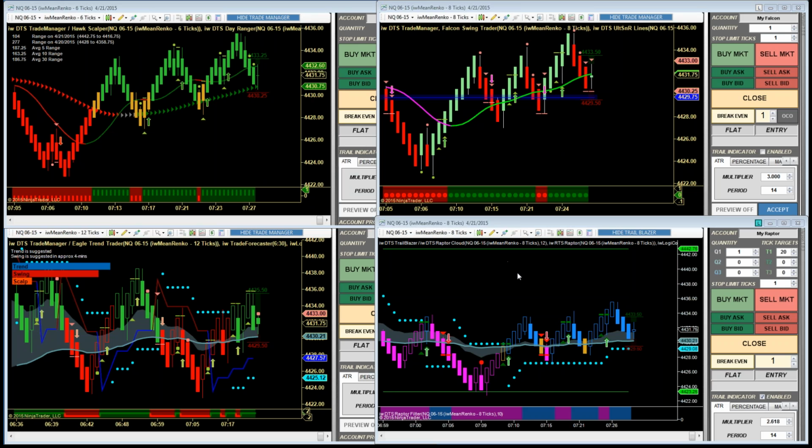Jim's watching the bank index, and that's getting a little stronger also. The idea is that the bank index helps support the market.